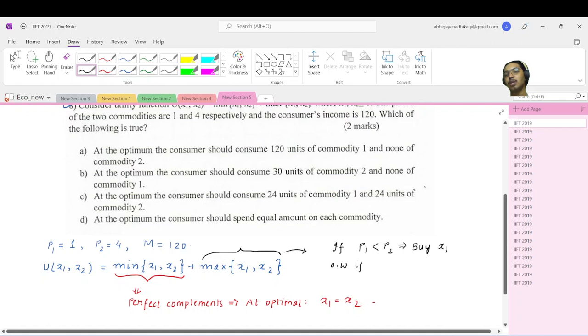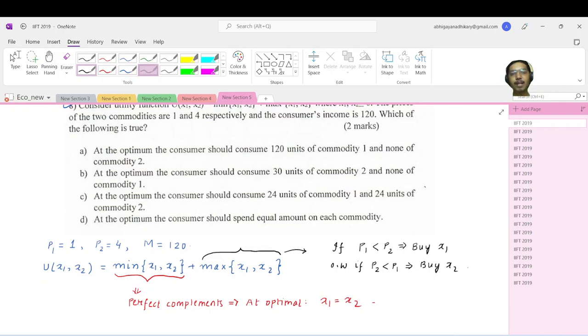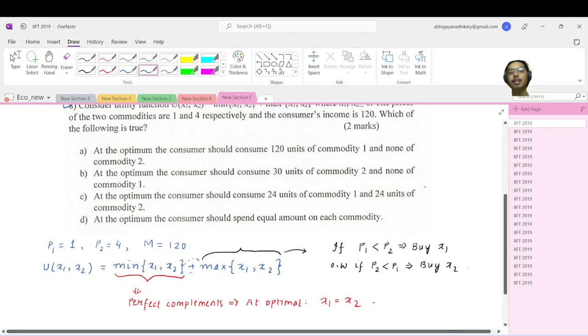Otherwise, if p2 is lesser than p1, then he will buy x2. Plain and simple over here. So now look, since we have a plus in between, basically we have a perfect substitute kind of a framework over here.